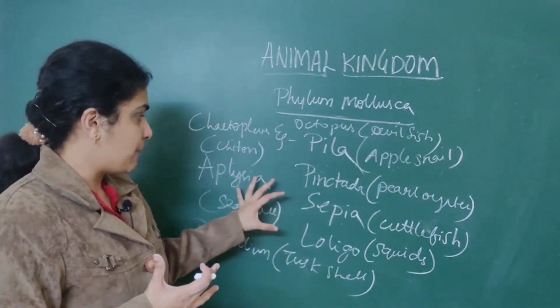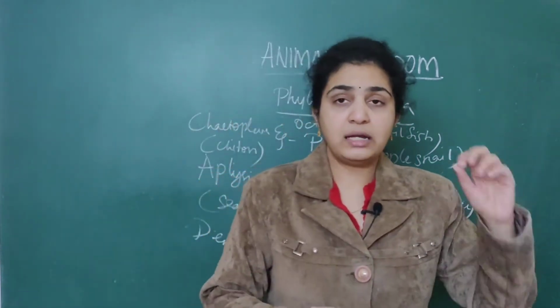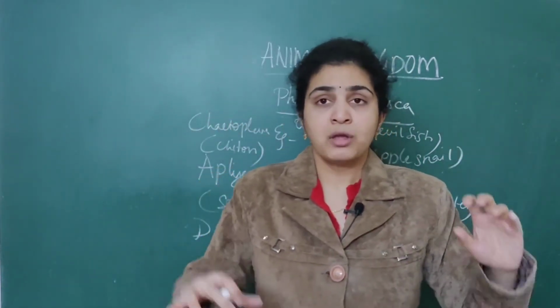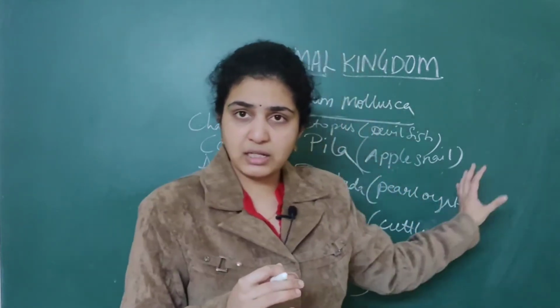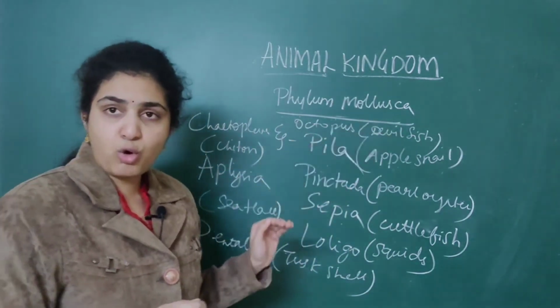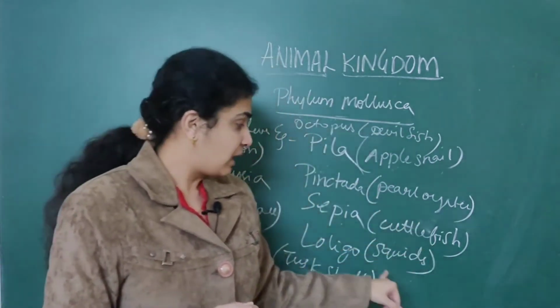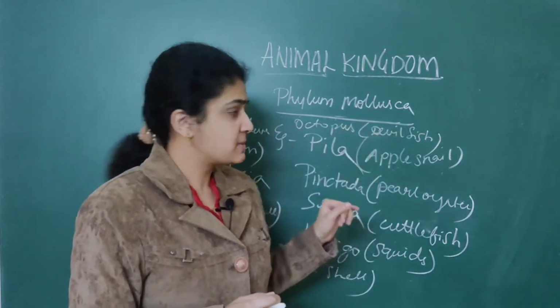Again, there is the octopus. Octopus is not Arthropoda. It belongs to mollusks. Whatever marine snails and all you see, everything belongs to the mollusks only. Octopus is also called devilfish. Cuttlefish is Sepia, devilfish is octopus.